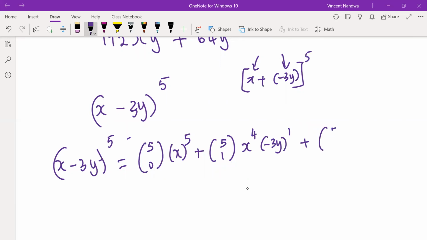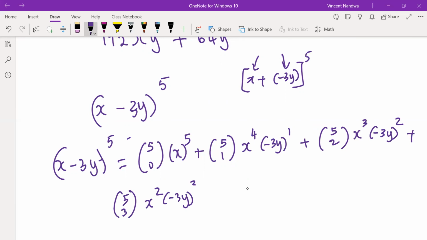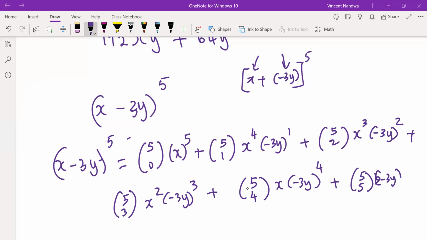So then plus 5 combination 2, x power 3, (minus 3y) power 2, plus 5 combination 3, x power 2, (minus 3y) power 3, 5 combination 4, x times (minus 3y) power 4, and lastly 5 combination 5, (minus 3y) power 5, because x power 0 is just 1.